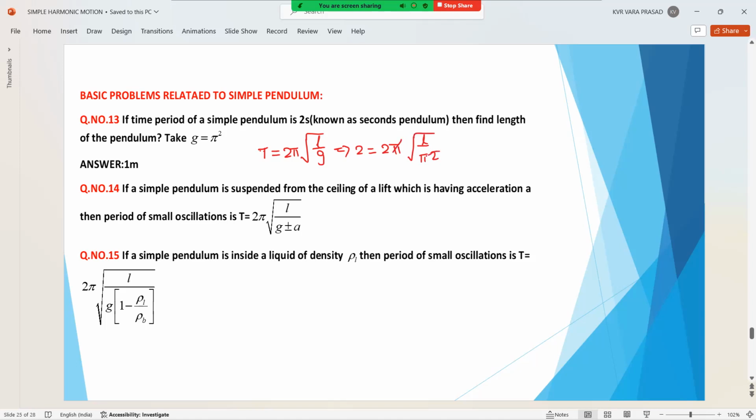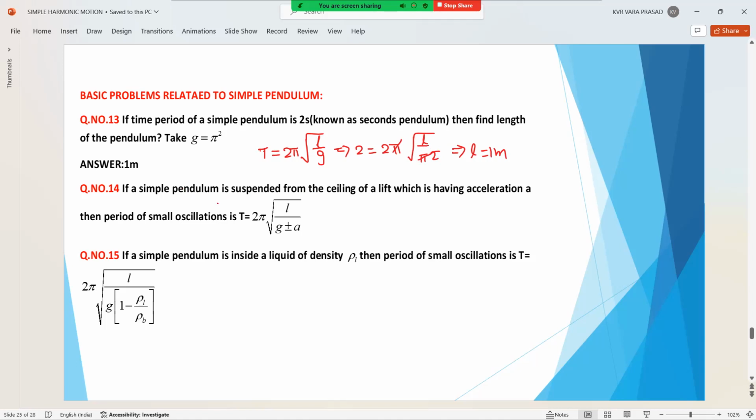Therefore, pi and here pi square gets cancelled, 2 gets cancelled. That implies length equal to 1 meter. That means if time period of a simple pendulum is 2 seconds, its length will be approximately 1 meter. Okay, right. See the next problem.